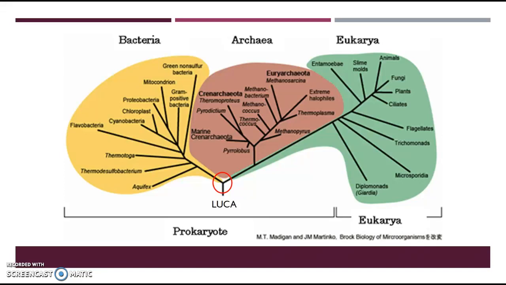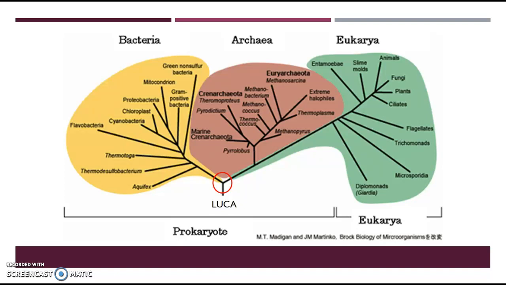Prior to a few years ago, the bacteria and archaea were also called prokaryotes and included in a larger group. But as scientists have studied these cell types, they've realized that bacteria and archaea have some very distinct differences. So we don't really group them as prokaryotes. We're going to talk about them separately.